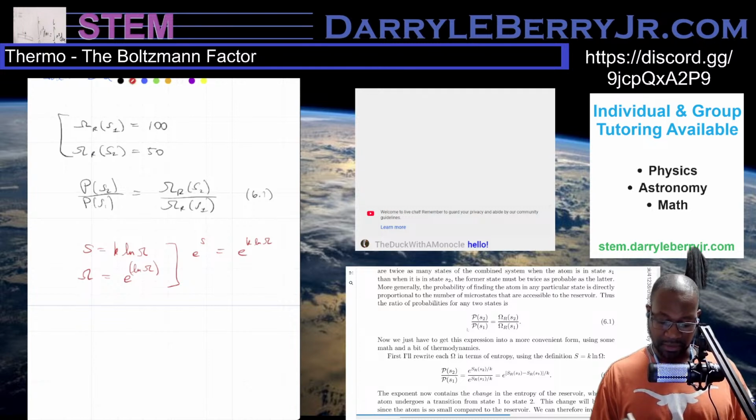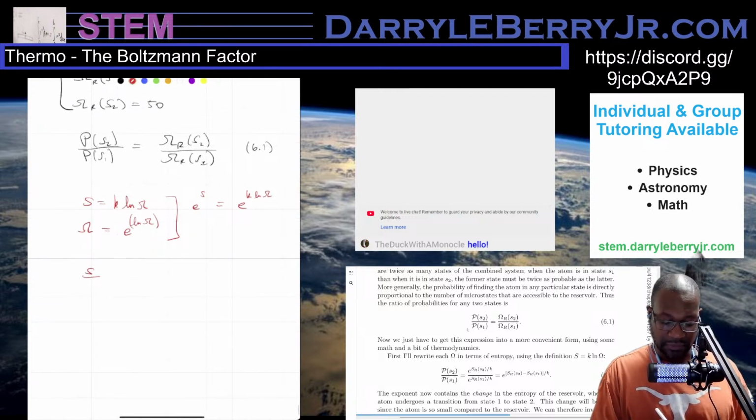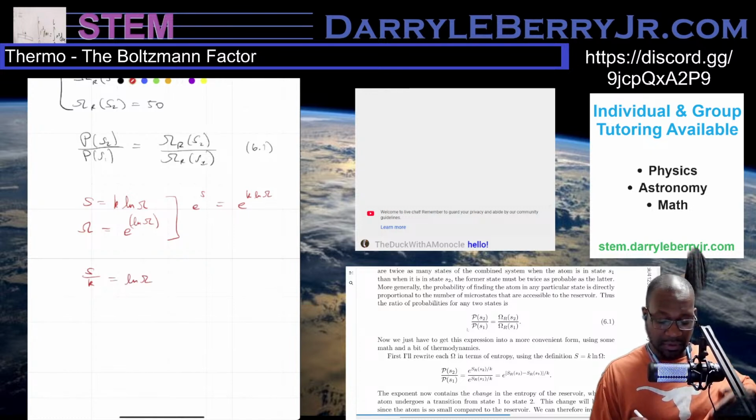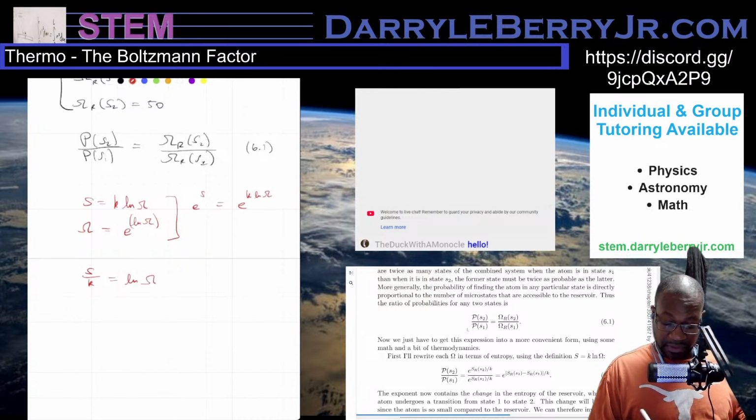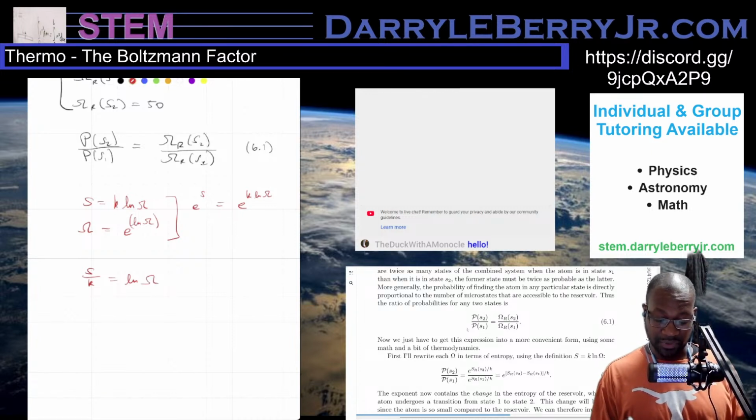Right, so S divided by k equals ln omega. Well, just bring k to the other side, or divide both sides by k.